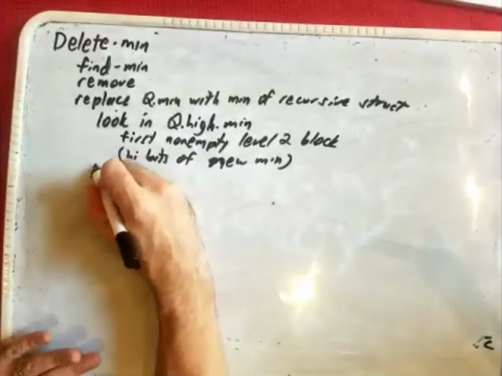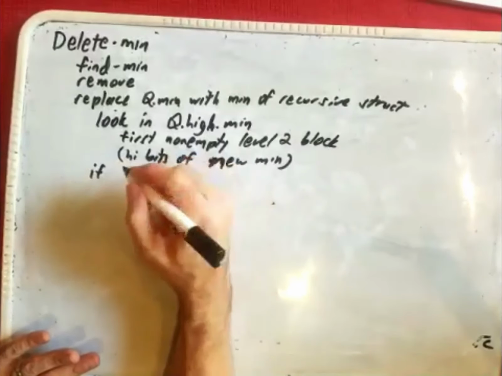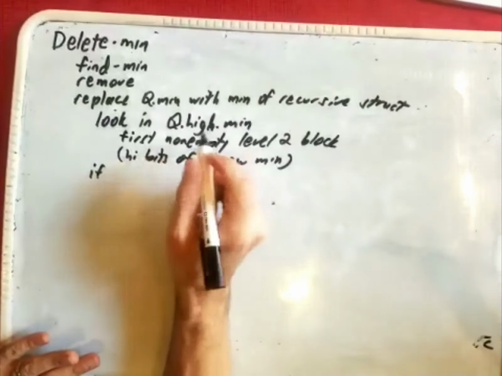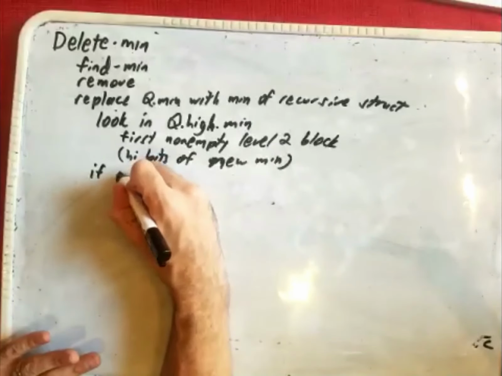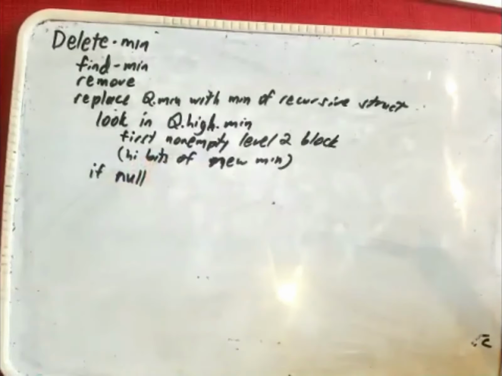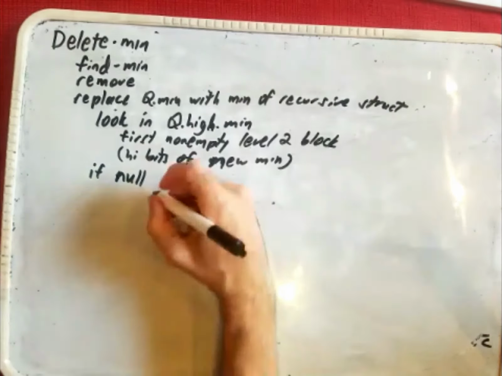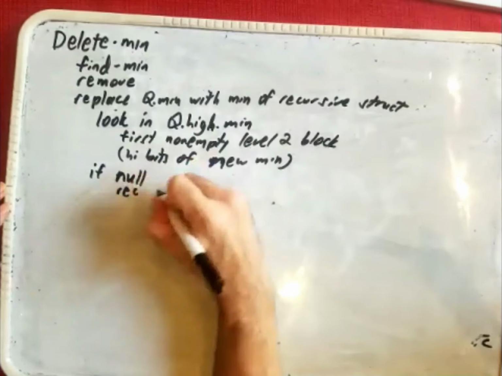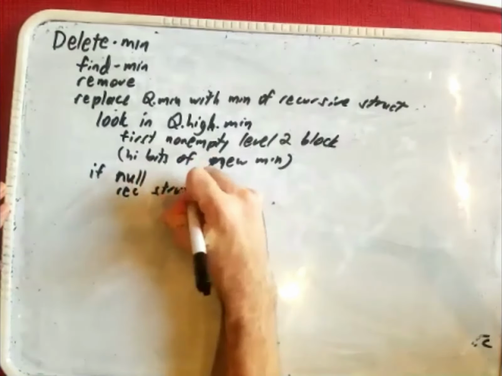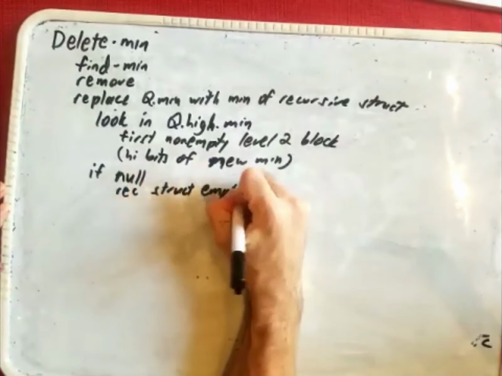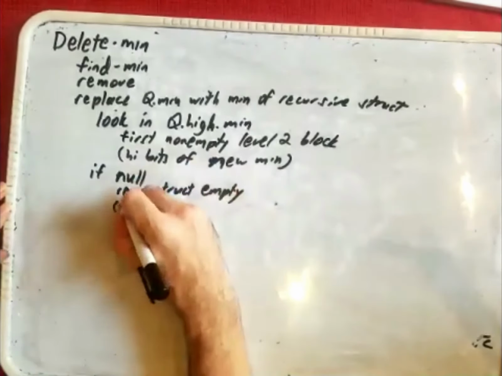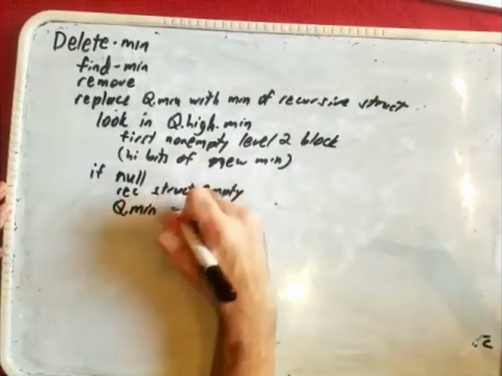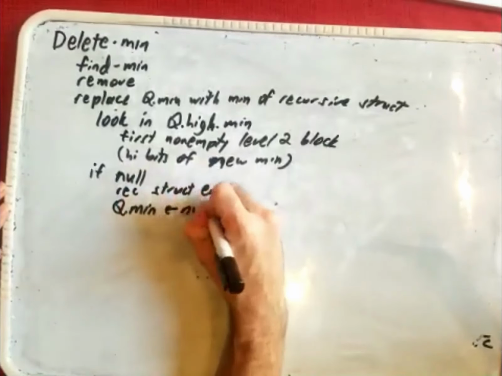Now, we do have to think about one possible special case. If, when we look in q.high.min, it's null, if there's nothing there, what does that tell us? Well, that just means that the recursive structure is empty, which means we should just set q.min to be null, because now the whole queue is empty.